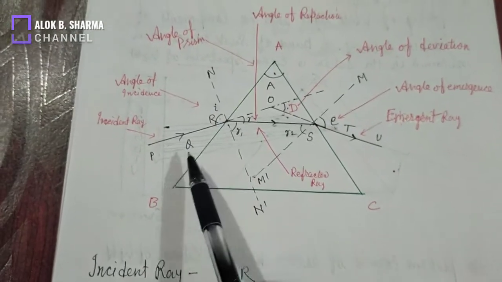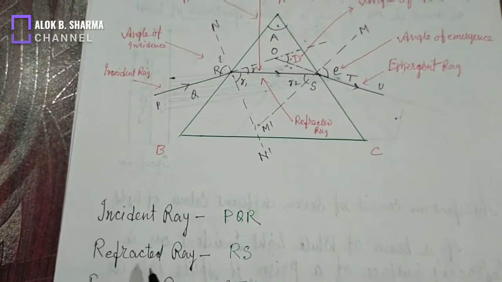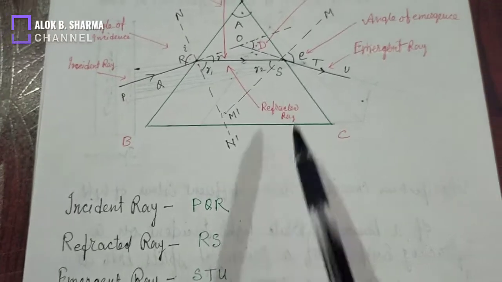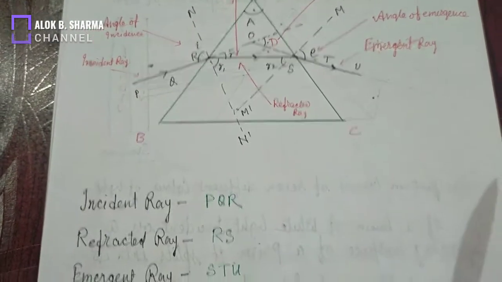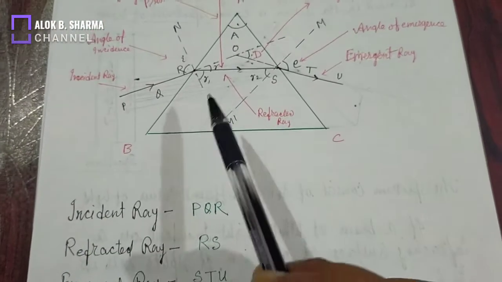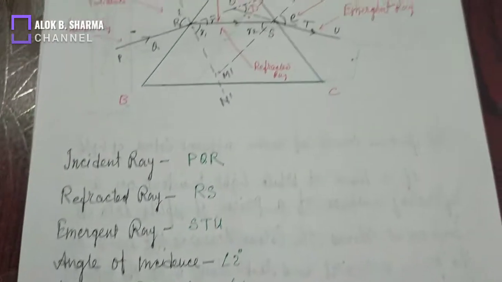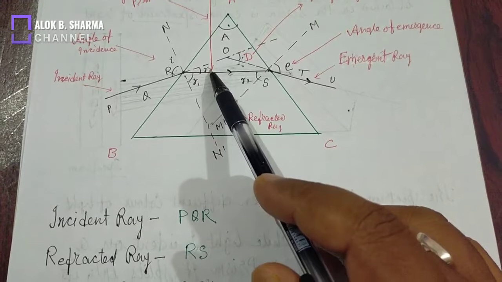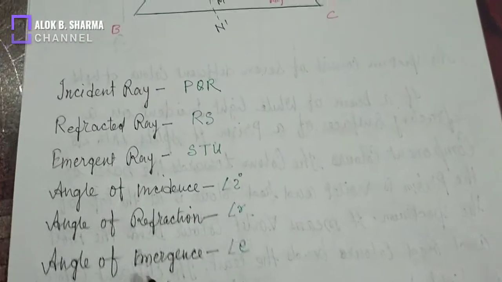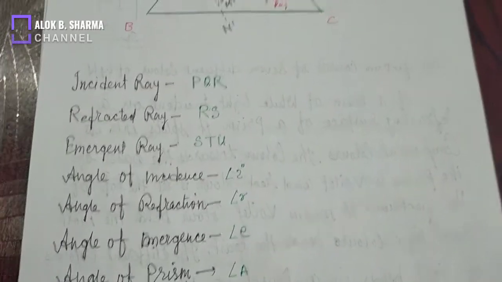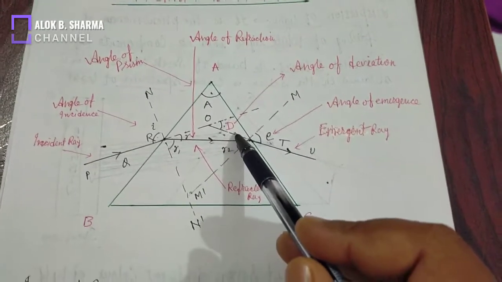Incident ray, PQR is the incident ray, refracted ray, this RS is a refracted ray, emergent ray, STU is the emergent ray, angle of incidence, here is angle of incidence, angle of refraction, this is angle of refraction, angle of emergence, angle E is the angle of emergence, angle of prism, A is the angle of prism, angle of deviation, this is angle of deviation.